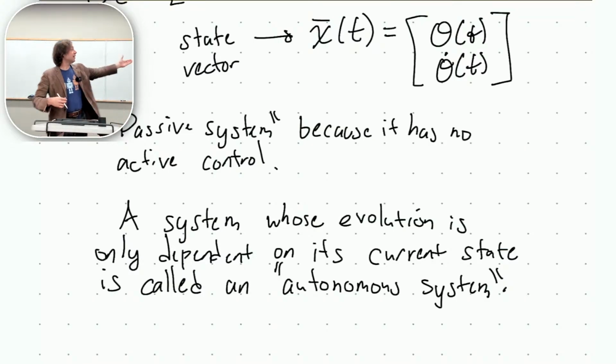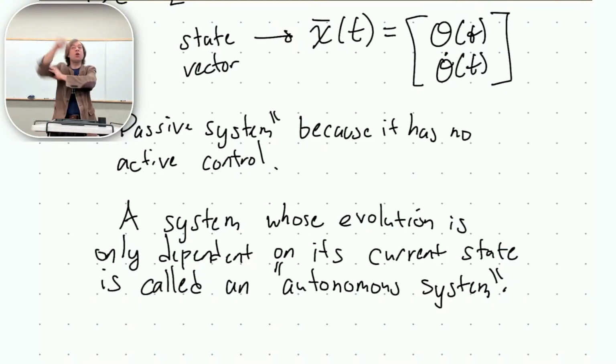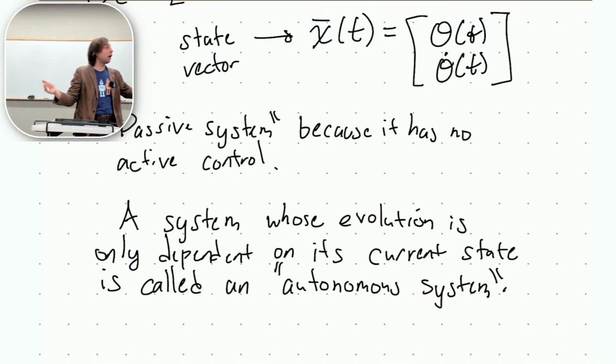It just means that it's only dependent upon itself. There's nothing acting outside that changes how it's moving. What might be such a thing for a pendulum? Well, what if we added a little motor at the hinge that we control? All of a sudden, that system is not only dependent upon itself, it's also dependent upon what you decide to do, okay?